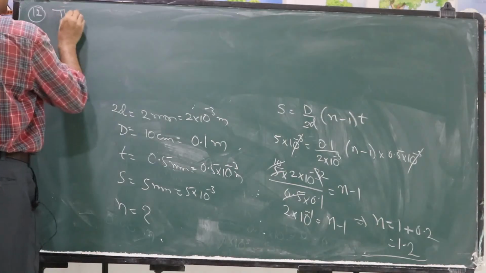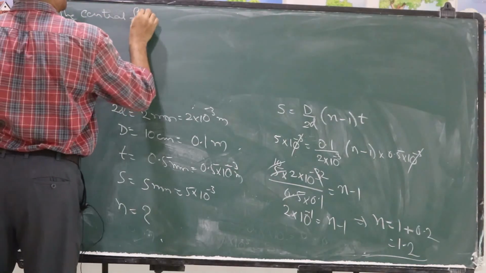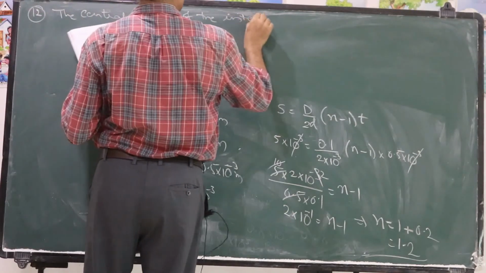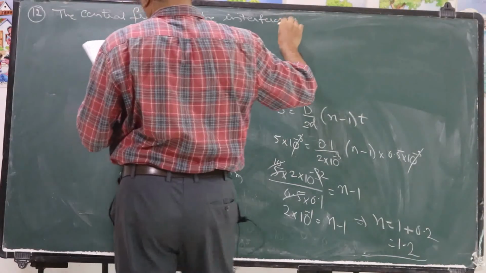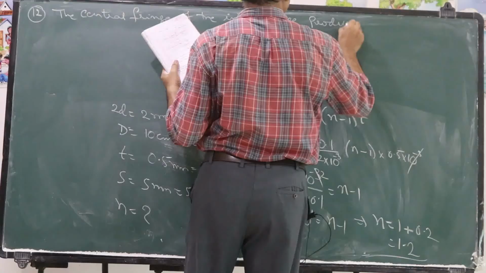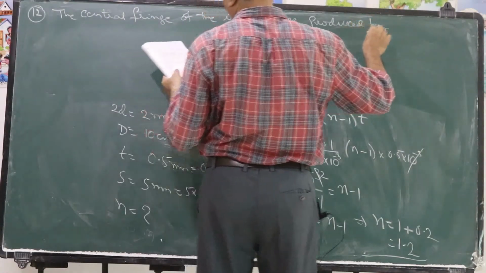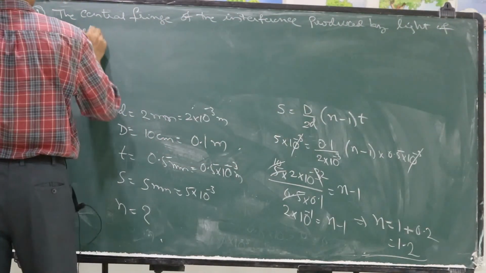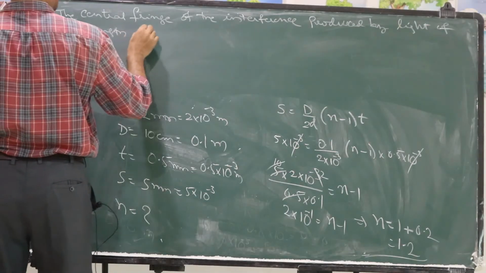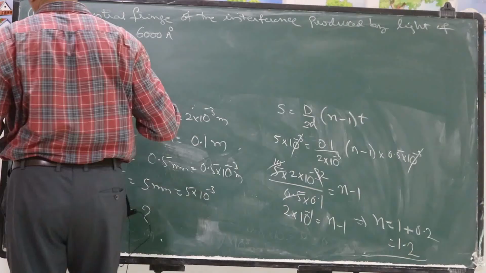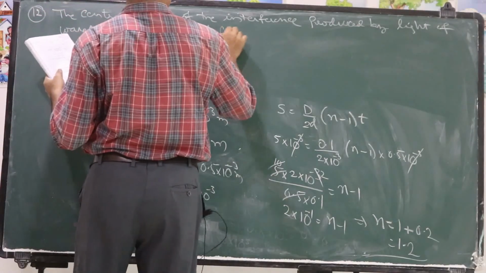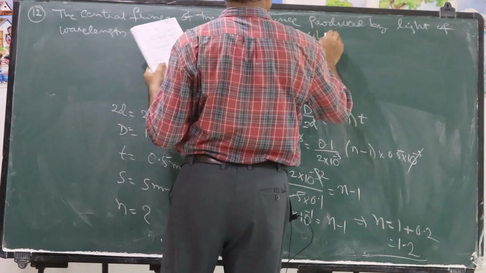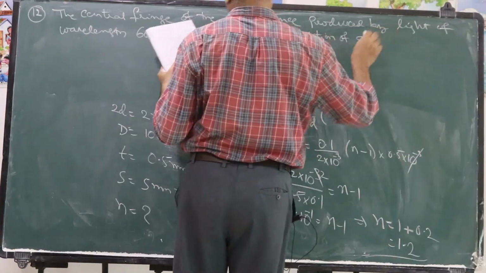The central fringe of the interference produced by light of wavelength 6000 Armstrong is shifted to the position of 5th bright fringe.